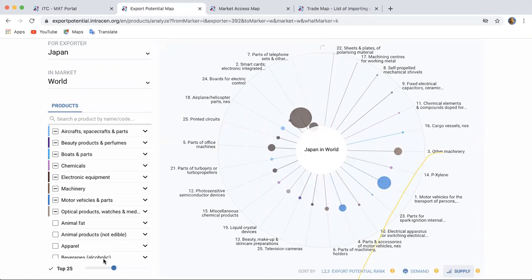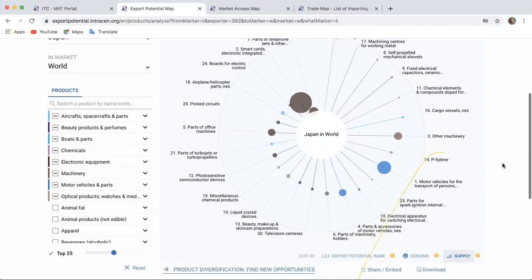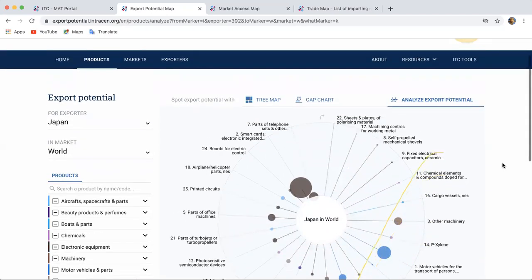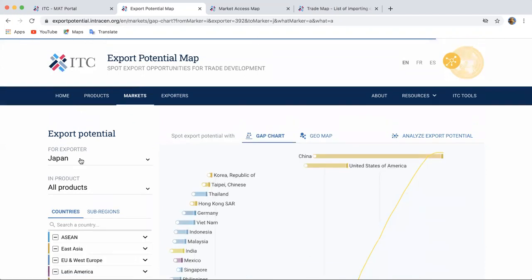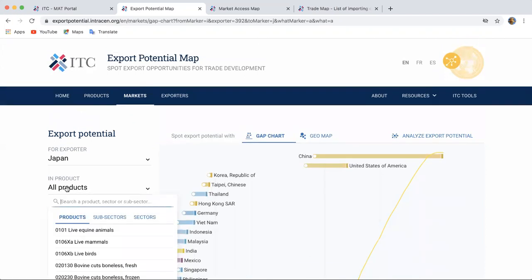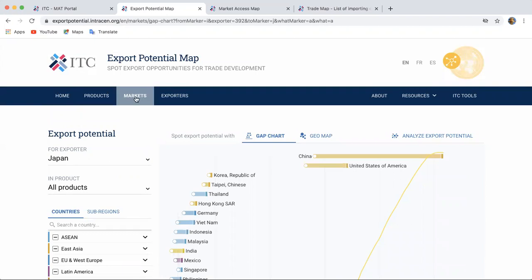It also automatically gives you the top 25, but you can also click here and there to see which products are more of interest to you as an exporter. So as I was already looking into Japanese green tea and potential markets, let's look into markets.